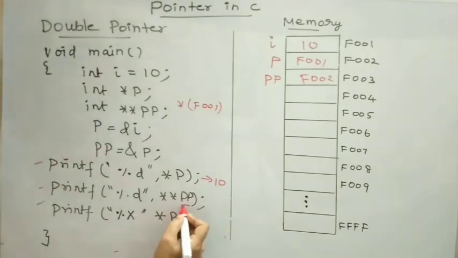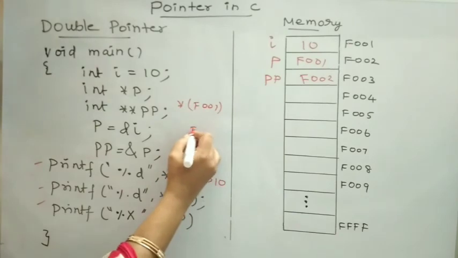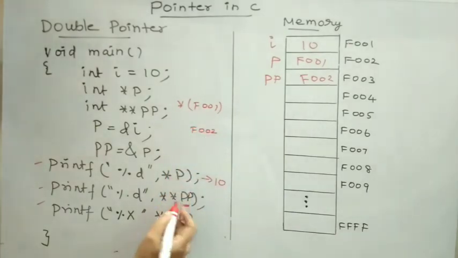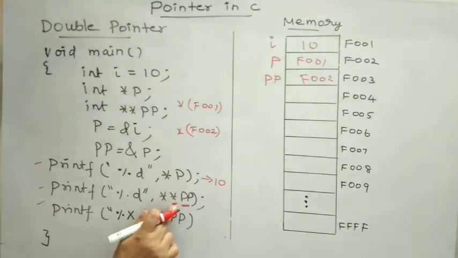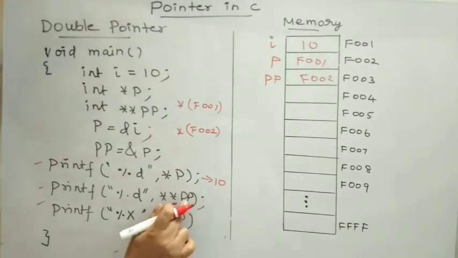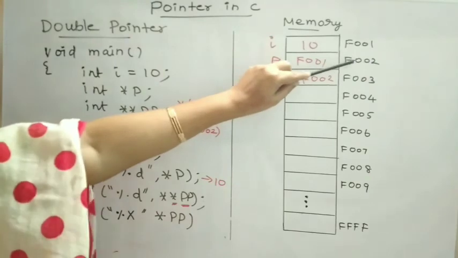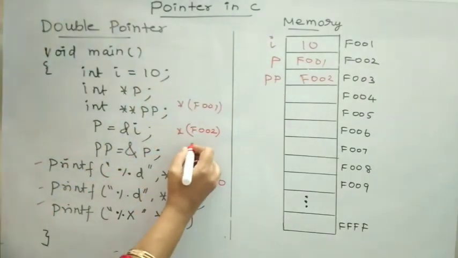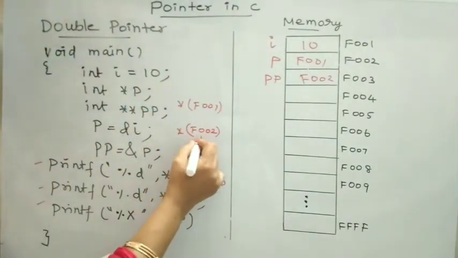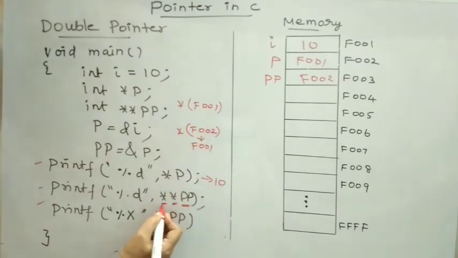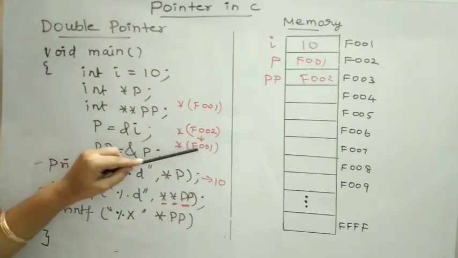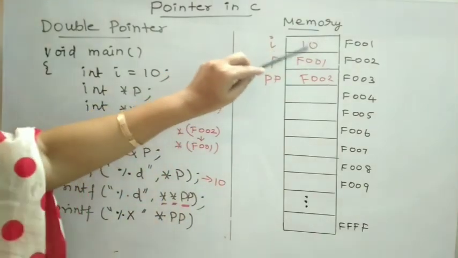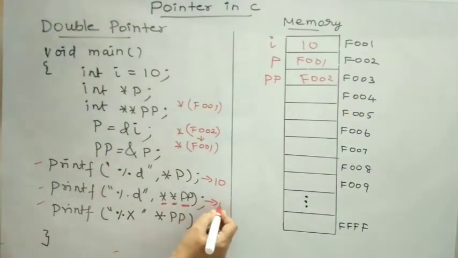First, it takes the content of pp. Content of pp is F002. The first indirection operator will fetch you the content of this F002. What is the content of F002? It is again a memory address, F001. So again, if I apply the indirection operator to this F001, it fetches the content of F001. Content of F001 is 10. So it prints the value 10.